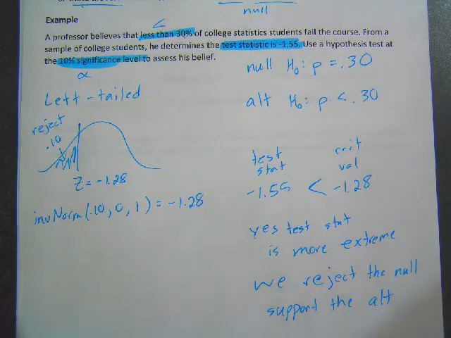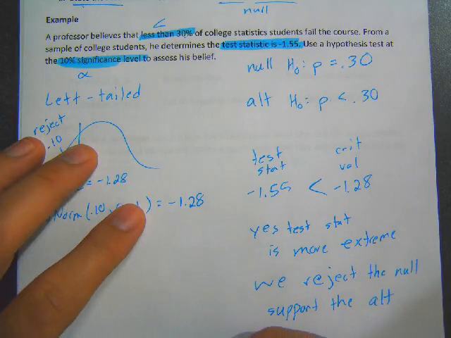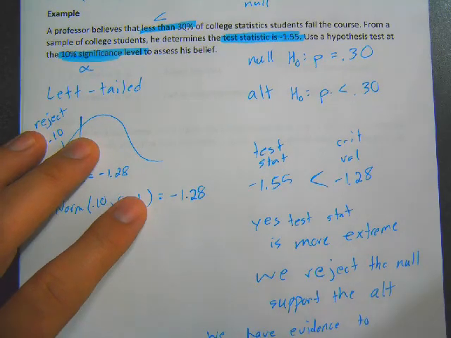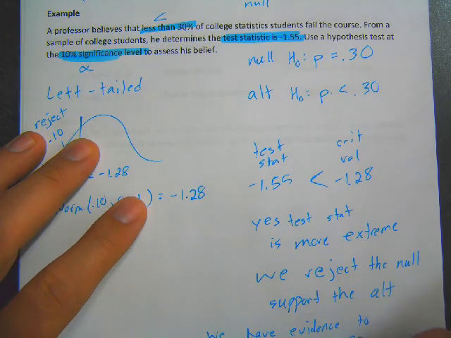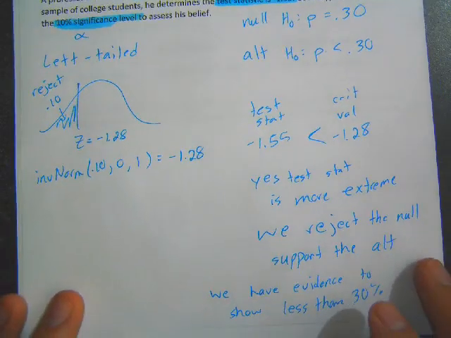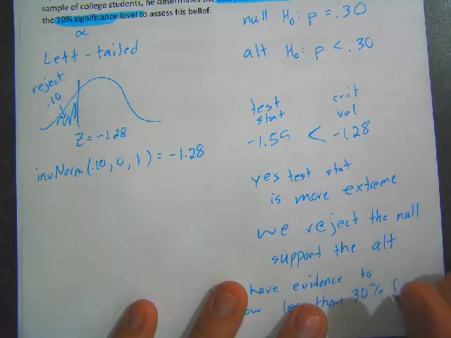So we have evidence to show less than 30% fail. We don't know exactly what it is. We don't know what value he got, but we do know that he has enough evidence to show that less than 30% fail his course.